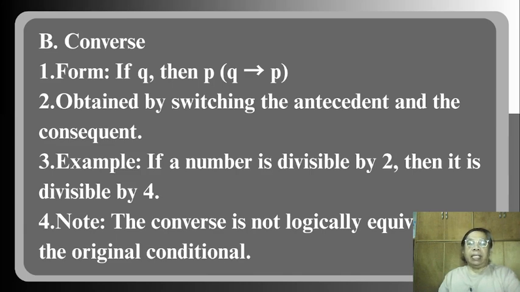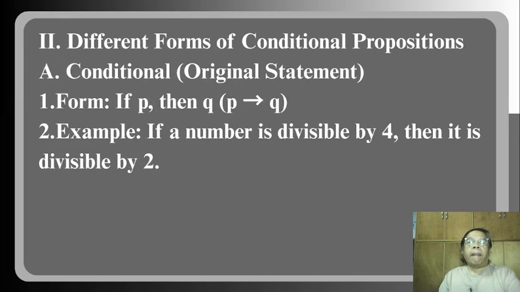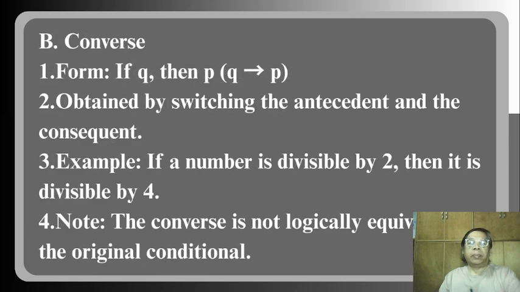That is the converse of if a number is divisible by 4, then it is divisible by 2. Note, the converse is not logically equivalent to the original conditional proposition.